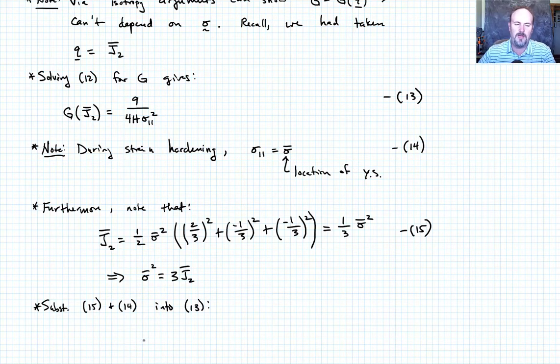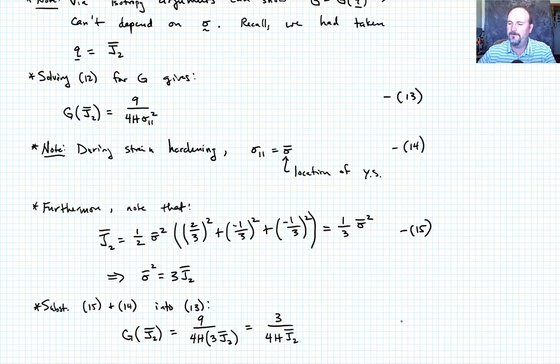And when we do that, we end up with that G as a function of J2 bar is equal to 9 over 4h times now this quantity 3 J2 bar, which is going to be equal to 3 over 4h J2 bar. Okay? Call that equation 16.